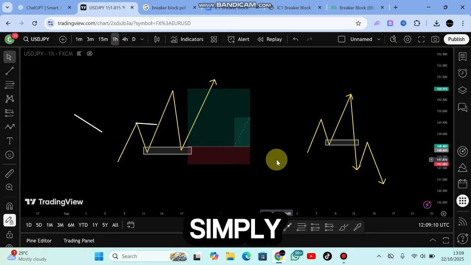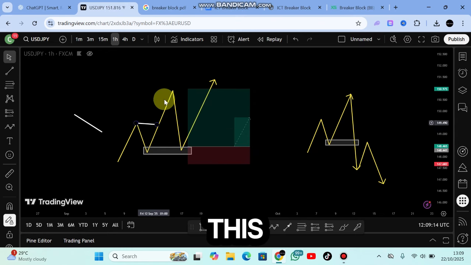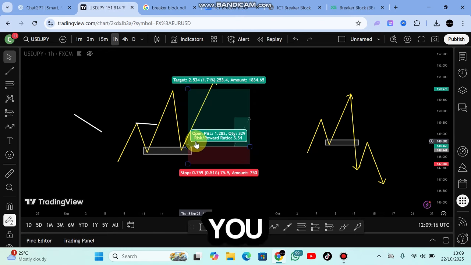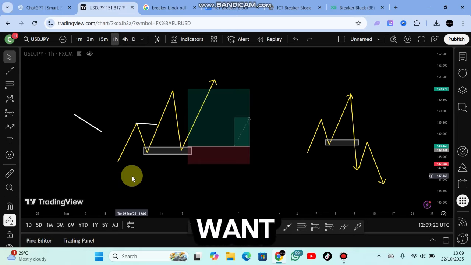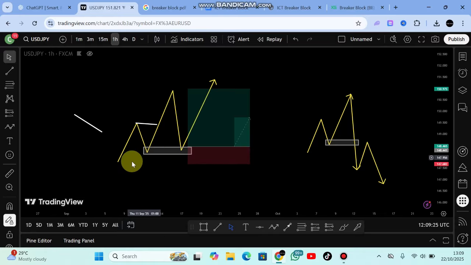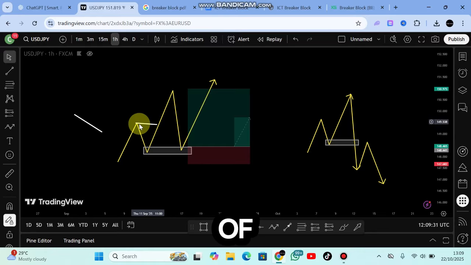A breaker block is simply an order block that has failed. This right here is an order block. If you know how an order block works, you know that when you want to identify an order block, let's say in a bullish scenario, what you need to do is look for an impulsive movement that causes a break of structure.